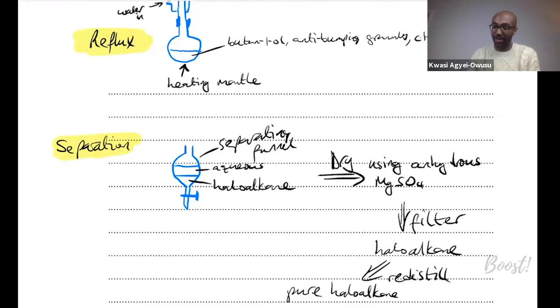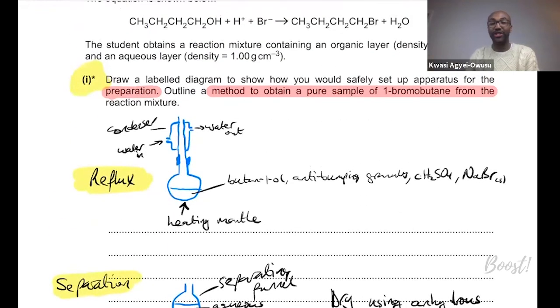Okay, so this is a very quick sketch of what you would need to do to get full marks on this particular question. So identifying that there are 2 parts to it. So drawing a labelled diagram to show how you would safely set up the apparatus for preparation. Note that we're using a heating mantle and not a Bunsen burner, because your alcohol is likely to be flammable. So heating mantle, reflux condenser, and then when you form your halogenoalkane, it then becomes a case of how do you separate it from the aqueous layer.